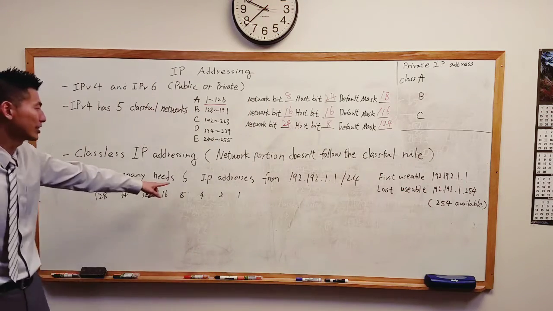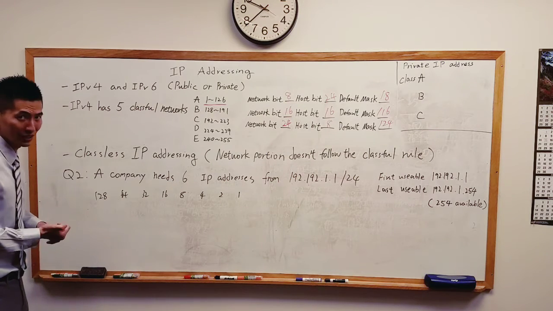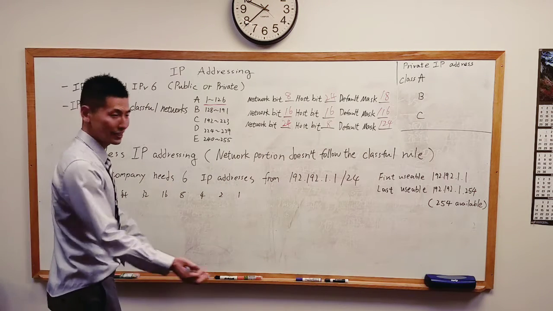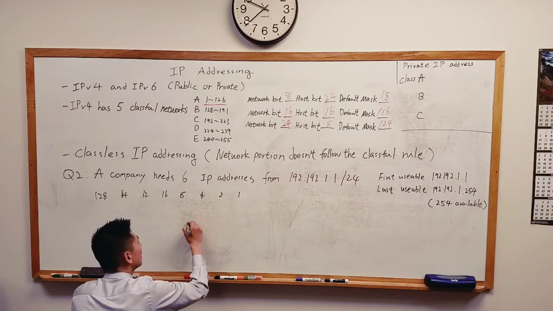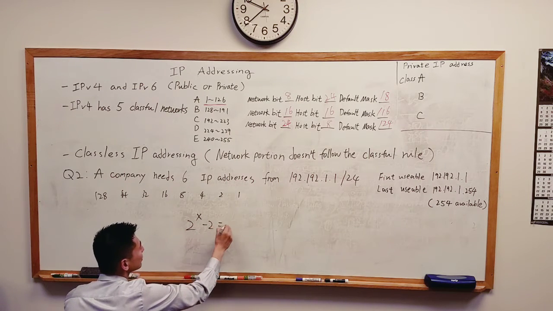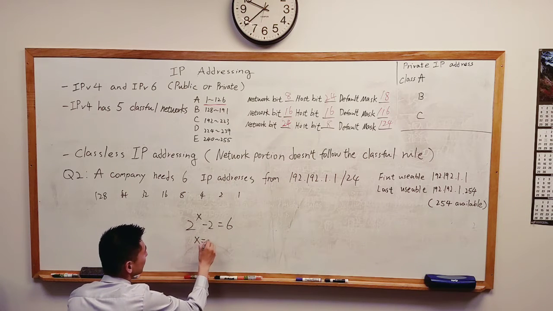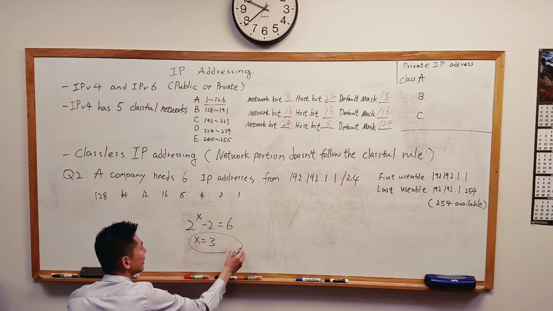We don't need that many. We only need 6. So let's find out how many host bits we need first in order to get 6 IP addresses. And here's a formula. 2 to the x power minus 2 equals 6. So I can just figure out that x equals 3. So I need 3 host bits.